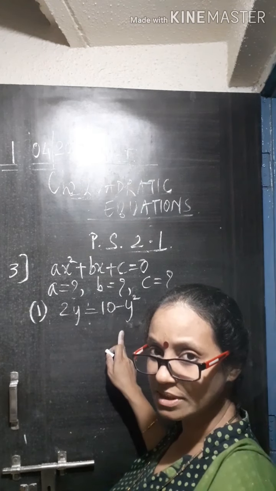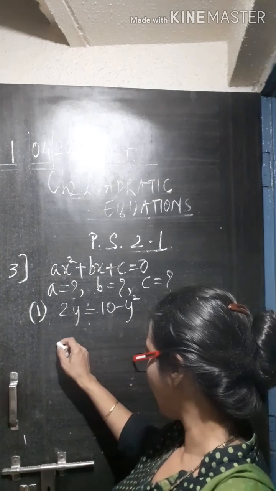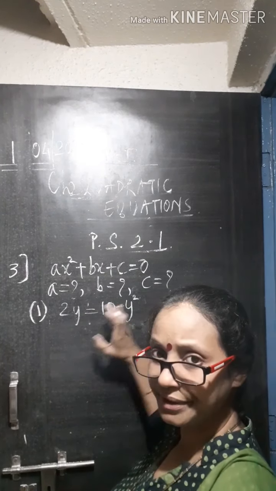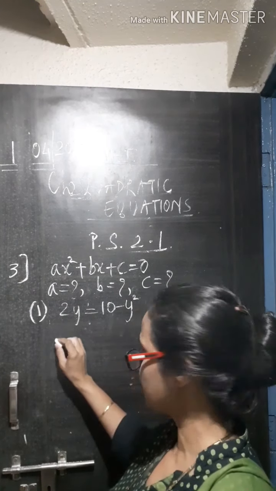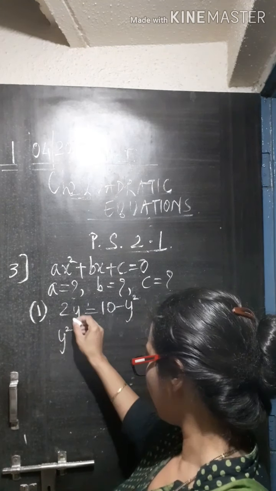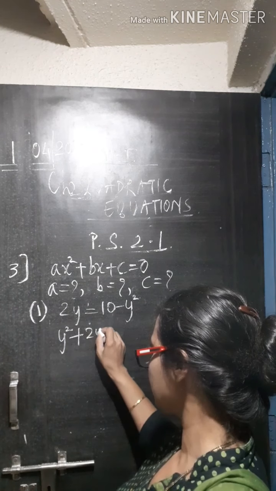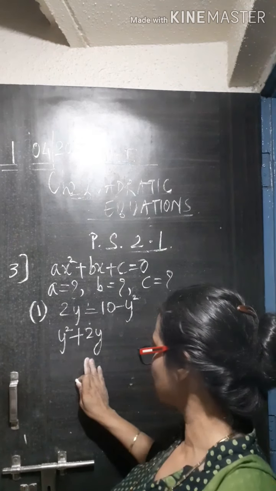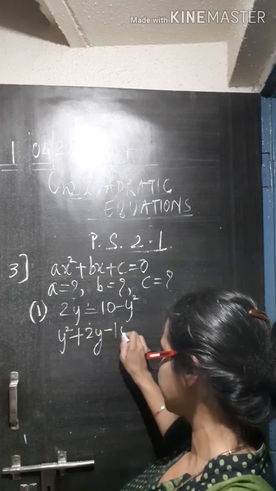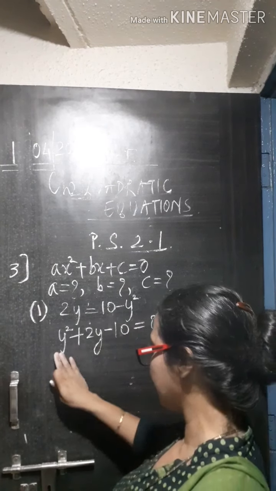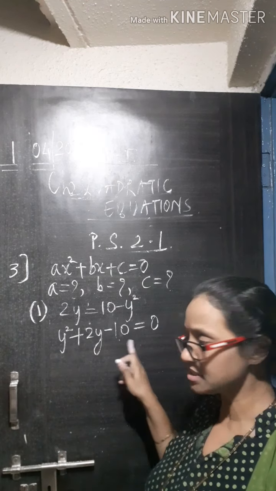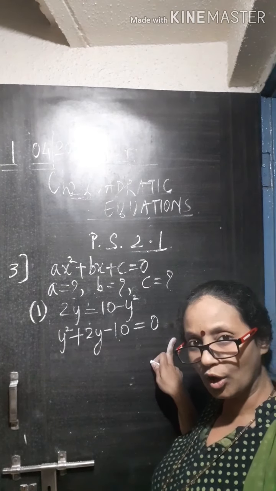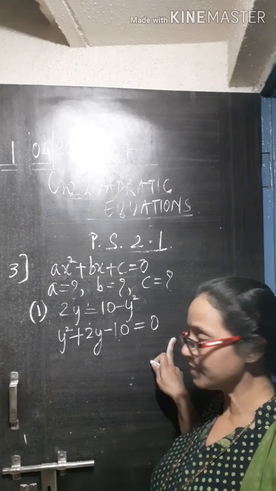Here the only variable is y, and we have to have the square term as the first one. So let us rearrange. If I bring minus y square on this side, it becomes y square. Plus 2y is here only, so it remains as it is, plus 2y. 10 I bring on this side, becomes minus 10, and therefore the standard form, ax square plus bx plus c, is given as y square plus 2y minus 10 equal to 0.